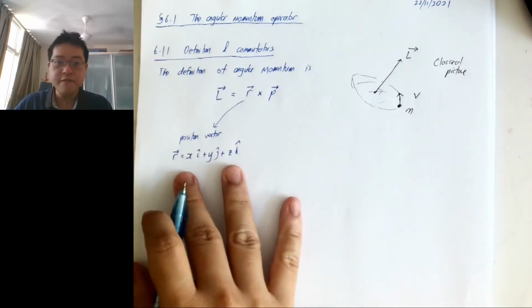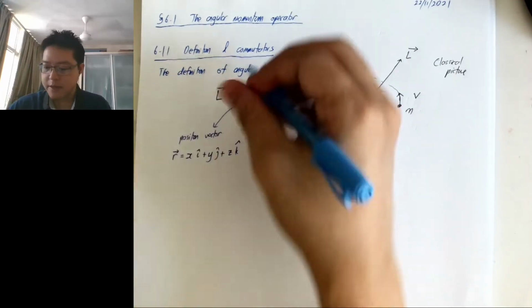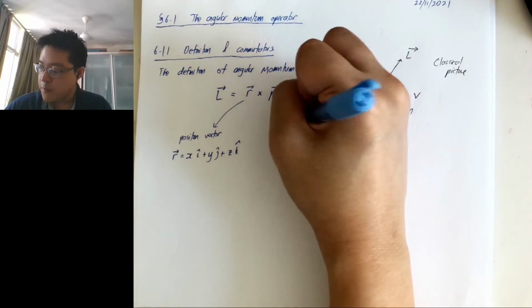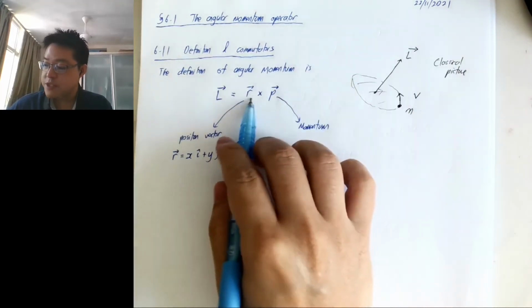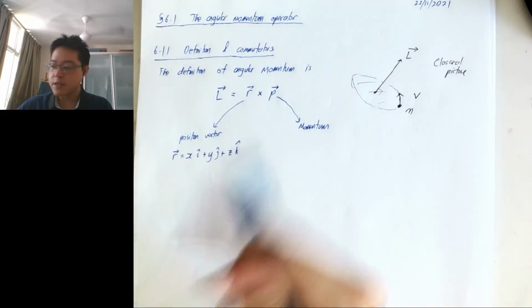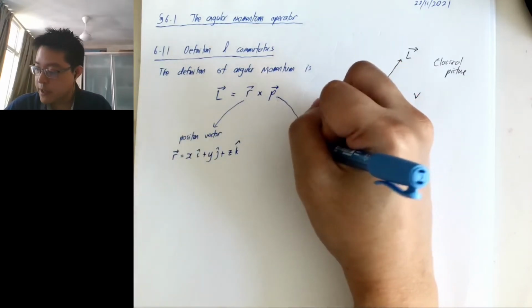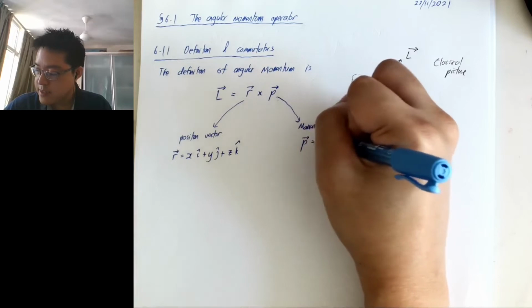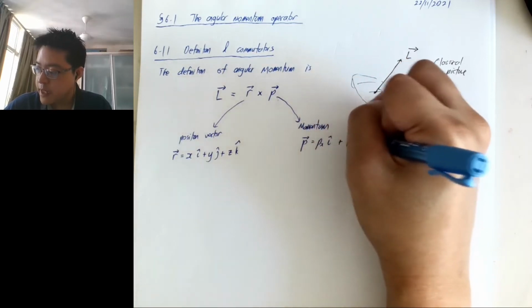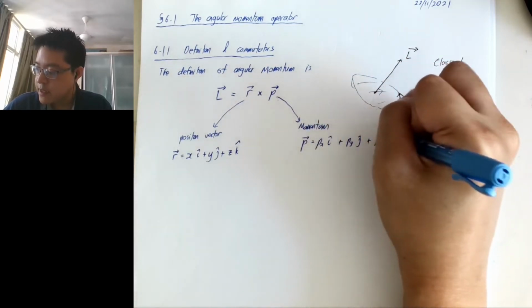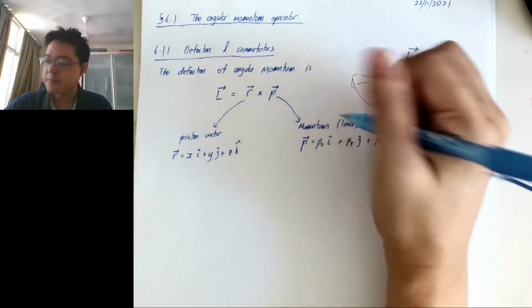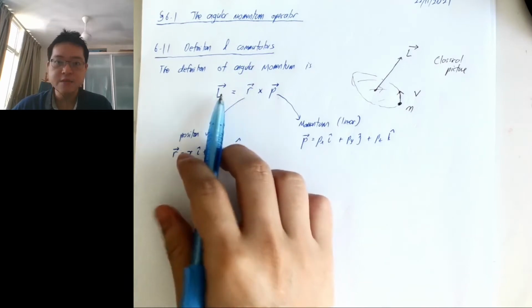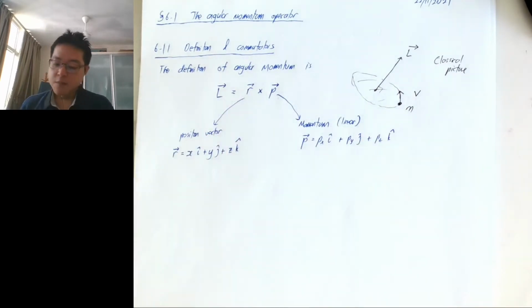So the position vector is given by the standard form, and then this is the momentum. This is a position, this is a momentum. In quantum mechanics, they will become operators: Px in the i direction, Py in the j direction, Pz in the k direction. So this is the linear momentum in particular, and doing this will give us the angular momentum.